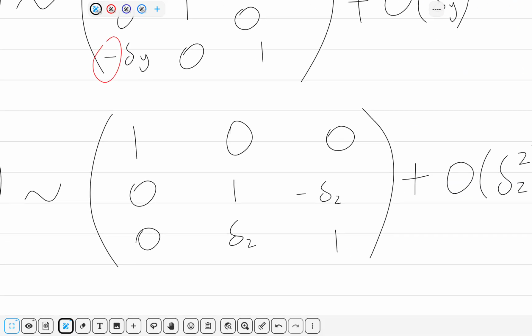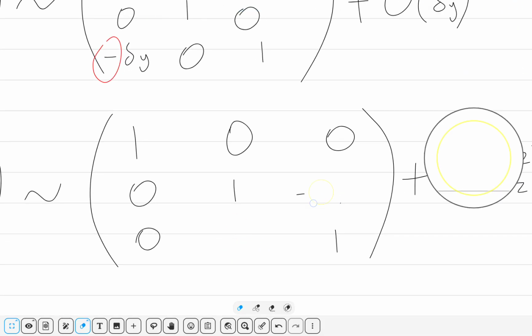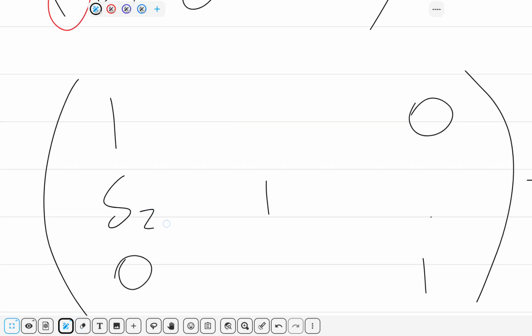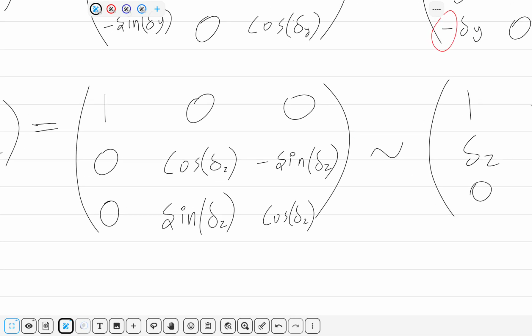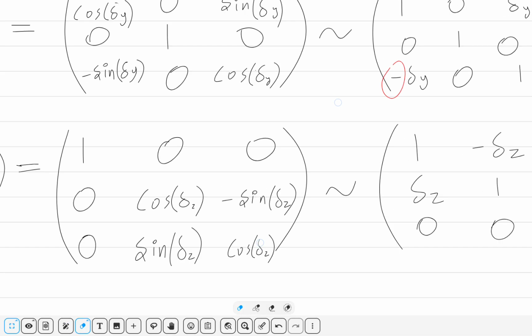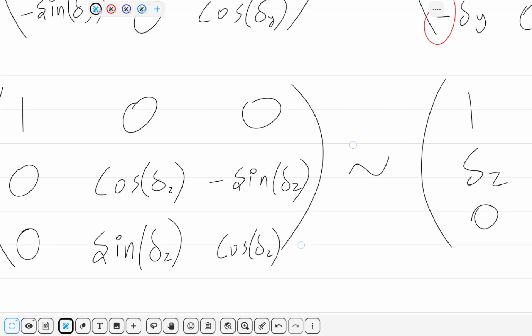Oh, also I did this wrong. It is supposed to be here. Sorry for that again. I made a mistake. Let me fix it.